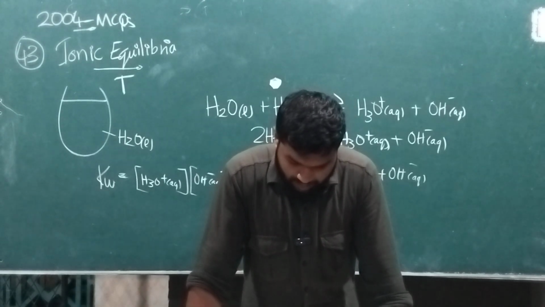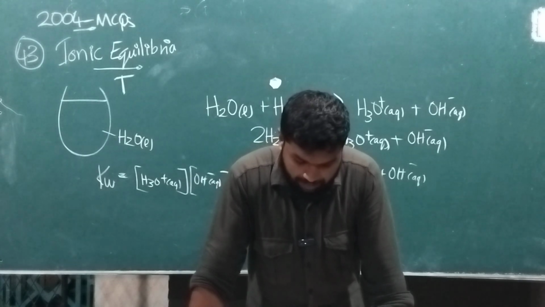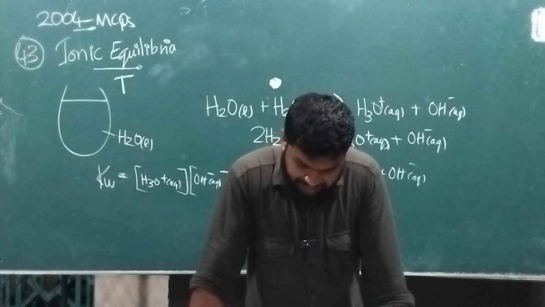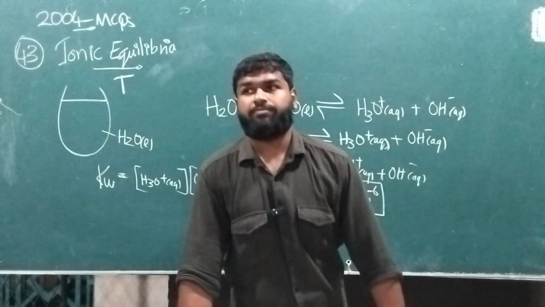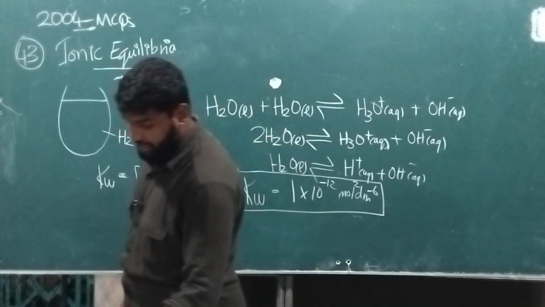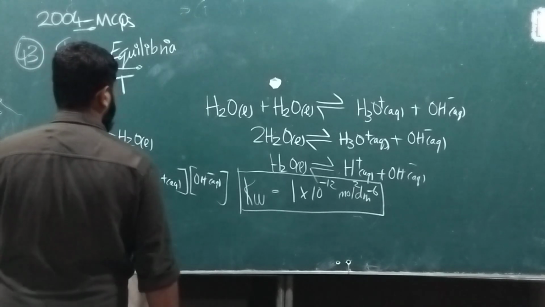Okay, so which of the following statements about the above sample of water is true? The first statement is that the pH is 6. Be careful. Now they are saying pH is 6.